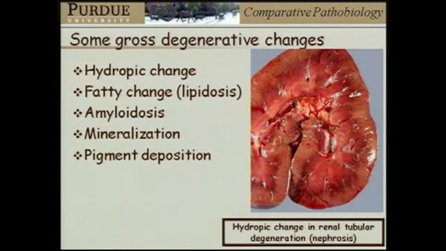And that would be the best morphologic diagnosis for this case. So we're reflecting hydropic change, we're calling it renal tubular degeneration. We could also call it tubular nephrosis, but it's more specific and more precise to actually use the word degeneration.